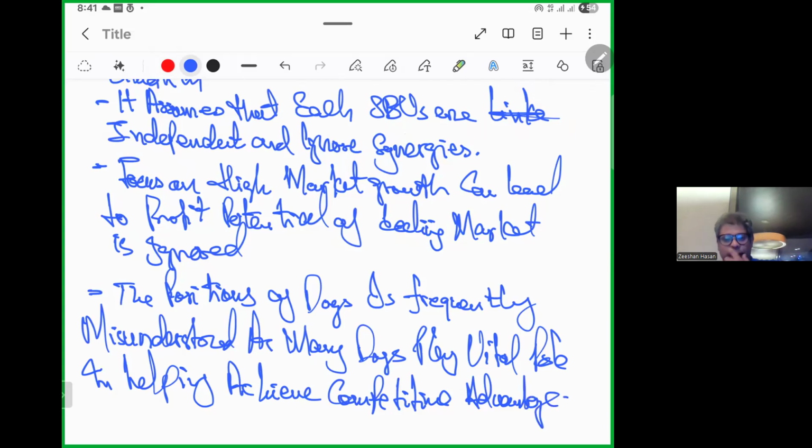For example, dogs may be required to complete a product range and provide a credible presence in the market. Dogs may also be retained in order to reduce the threat from competitors.